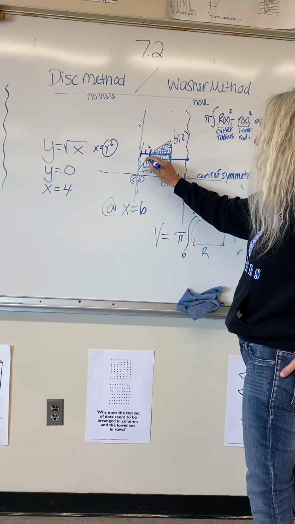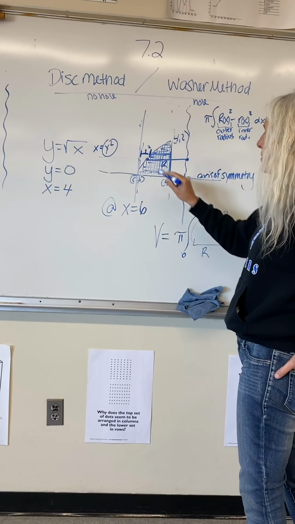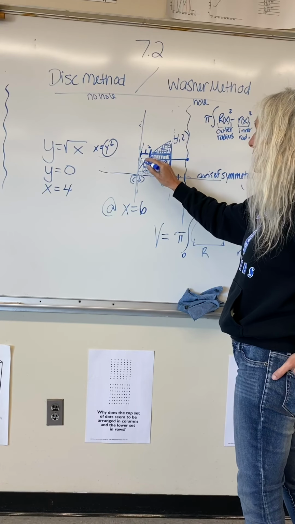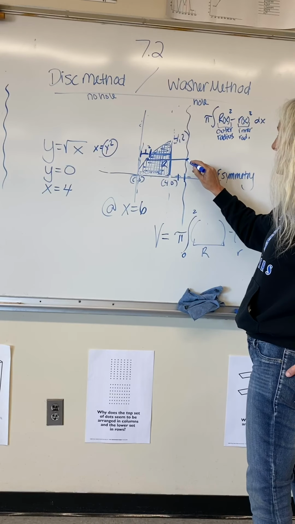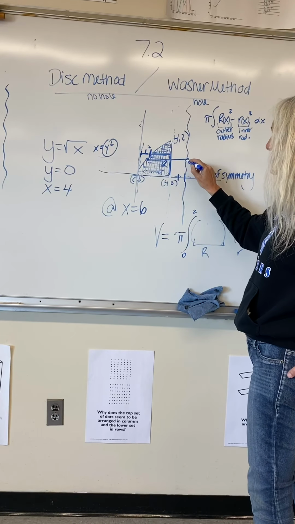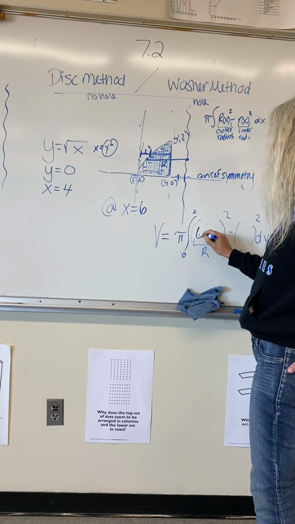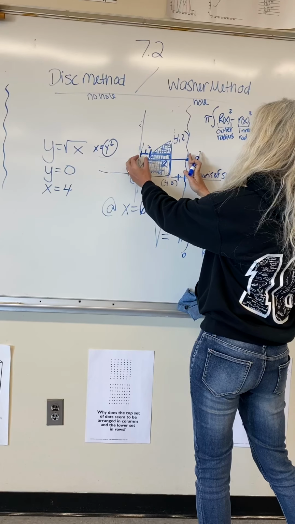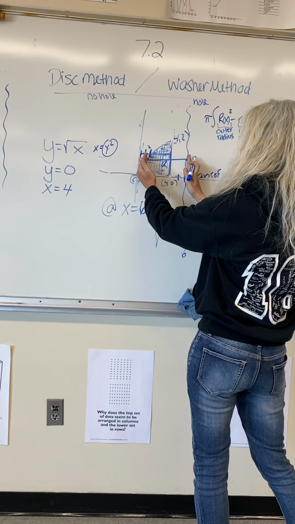So I want to go from here to here is my R value. We know that the little distance over here is the y squared distance. We know the whole distance from axis of revolution back to the y-axis was 6. So we're going to go the whole distance minus that little y squared distance to give me the outer radius of my shape.